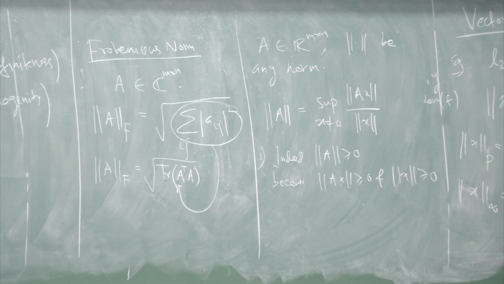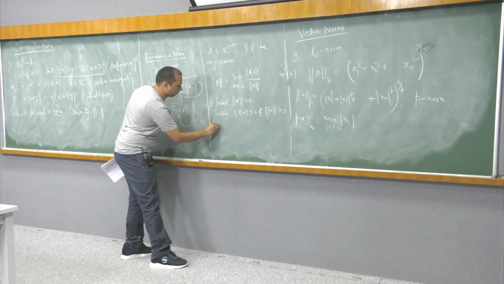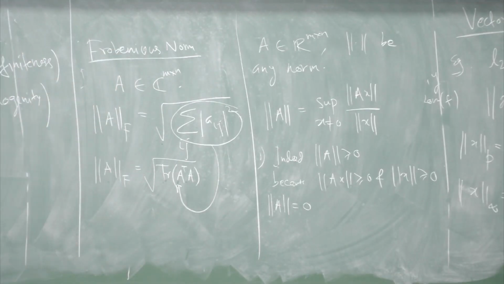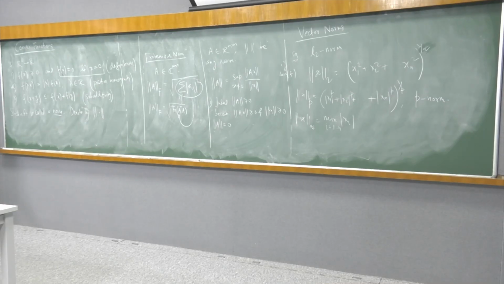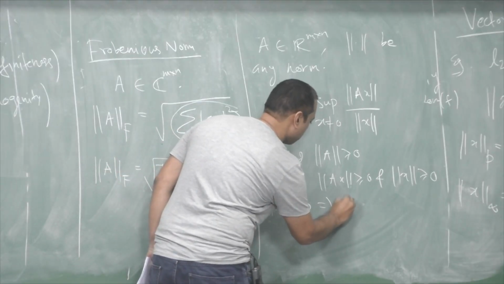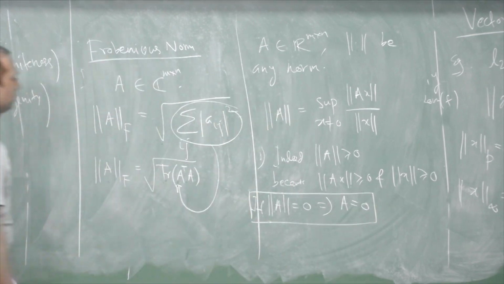So can we prove this here? Our claim is that if the norm of A is 0, then this should necessarily imply that A is 0, right?